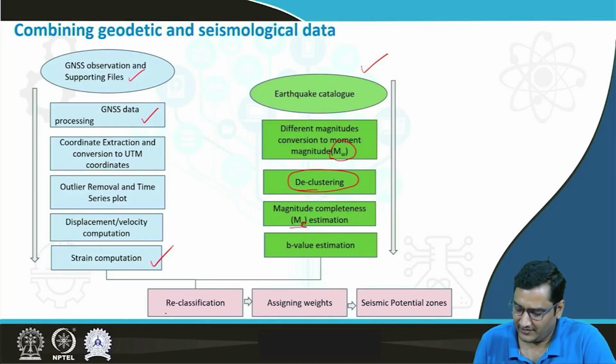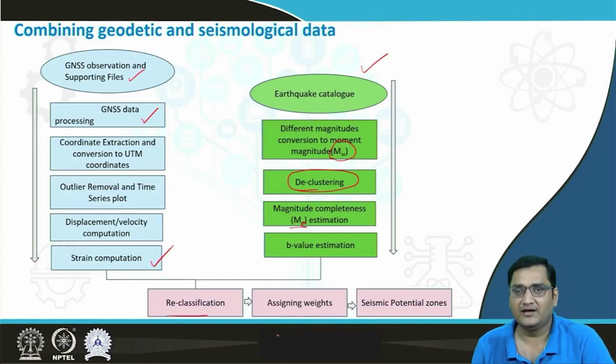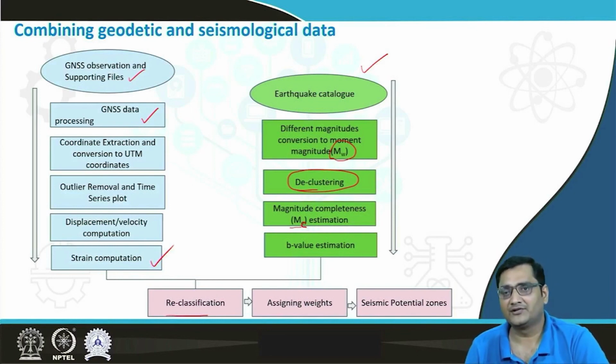And then after you do so, both the data will be reclassified, and then we may assign weights according to the sensitivity provided by both kinds of data sets, and then finally we will use our results in identification of potential seismic zones.